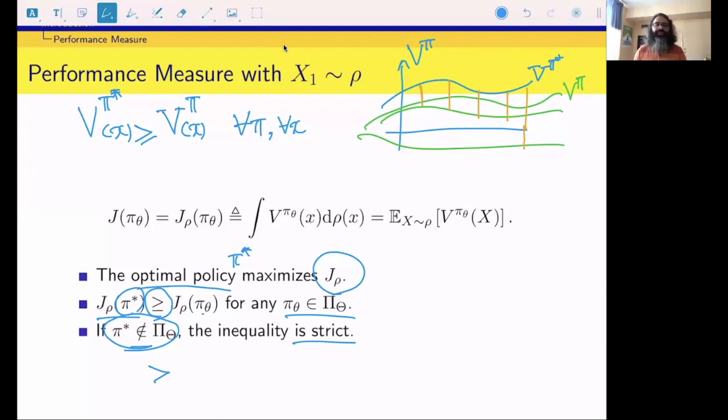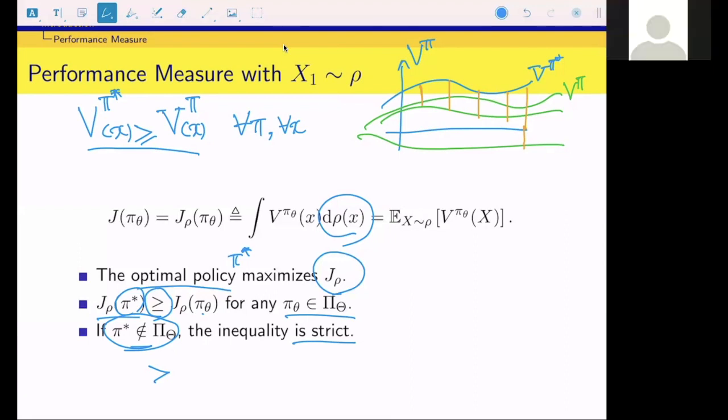So instead of a set of equations, we convert to a single number by taking the average over rho. But if the optimal policy does not belong to that policy space, then the choice of rho would matter. Right, that makes sense. Okay, perfect.